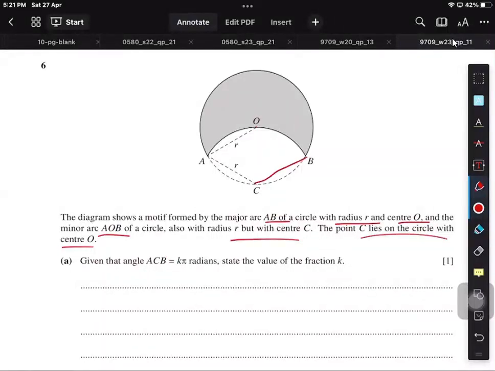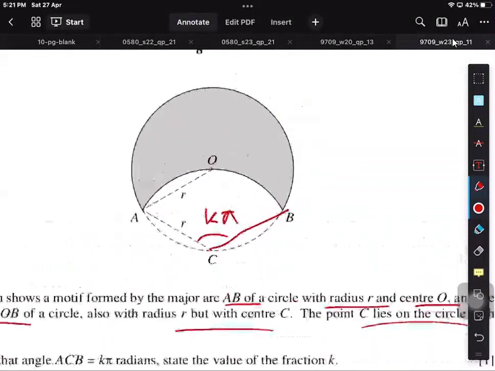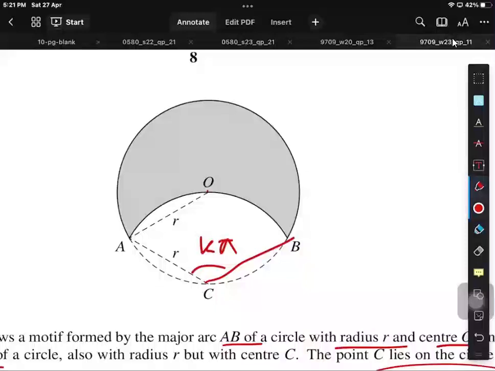So we know that angle ACB is k radians. Okay, state the value of the fraction k. Okay. So it's a kind of tricky one to see and to investigate and to reach the conclusion. But the thing you have to find out here is that this angle is the angle at the center, right?